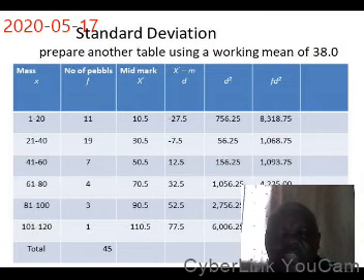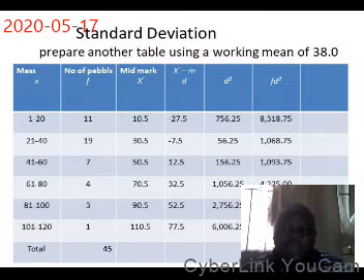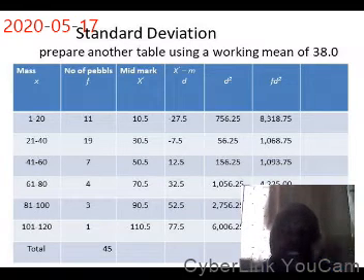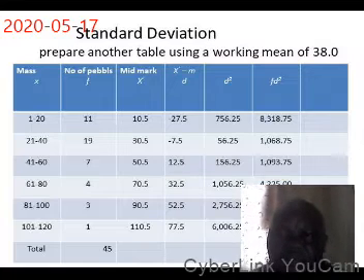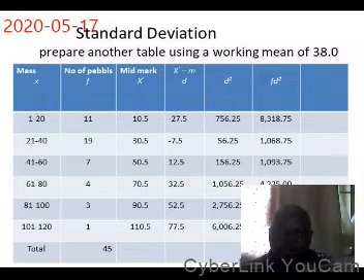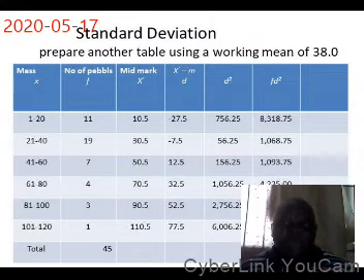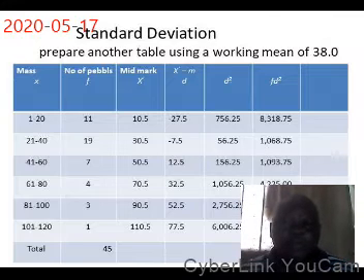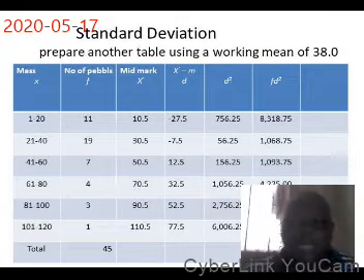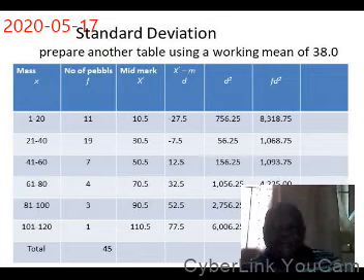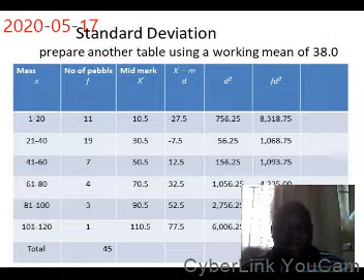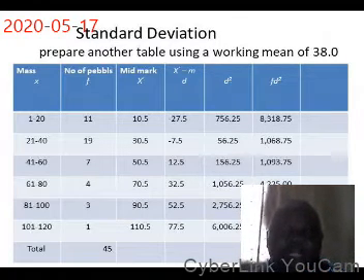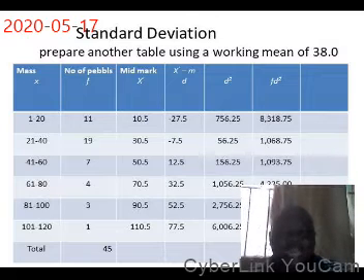That is, you square the deviation. 27.5 squared will give you 756.25. 12.5 squared will give you 156.25, and so on and so forth. Then we have fD squared. That is frequency multiplied by D squared. 11 multiplied by 756.25. That will give you 8,318.75. And you calculate that.